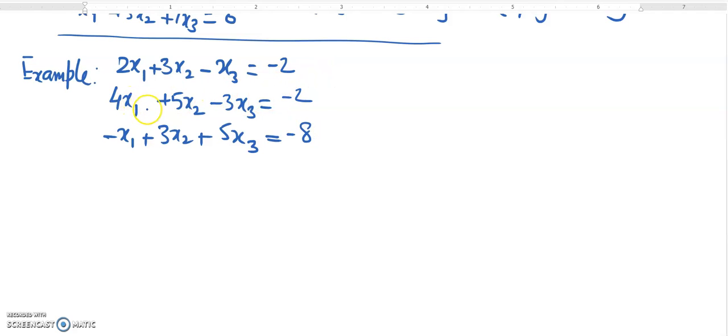So this system of equations can be solved for its solution, and in fact we have already done it in one of the videos on the Gauss-Jordan and Gauss elimination method.